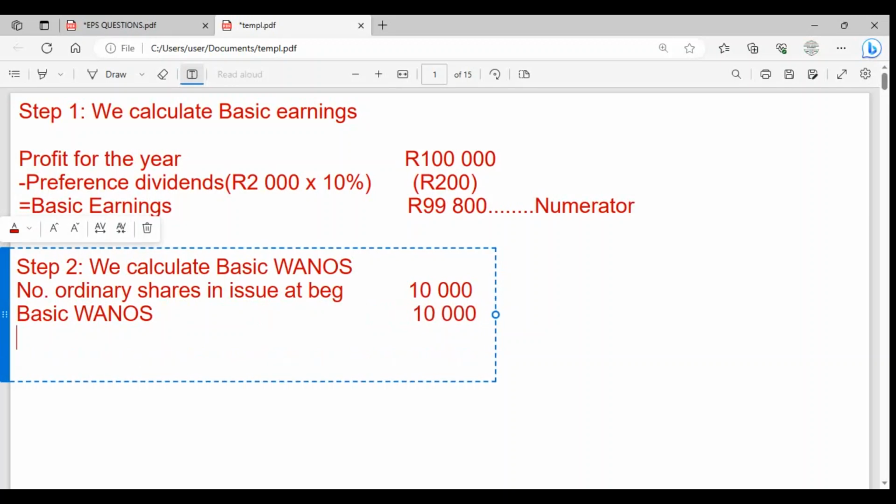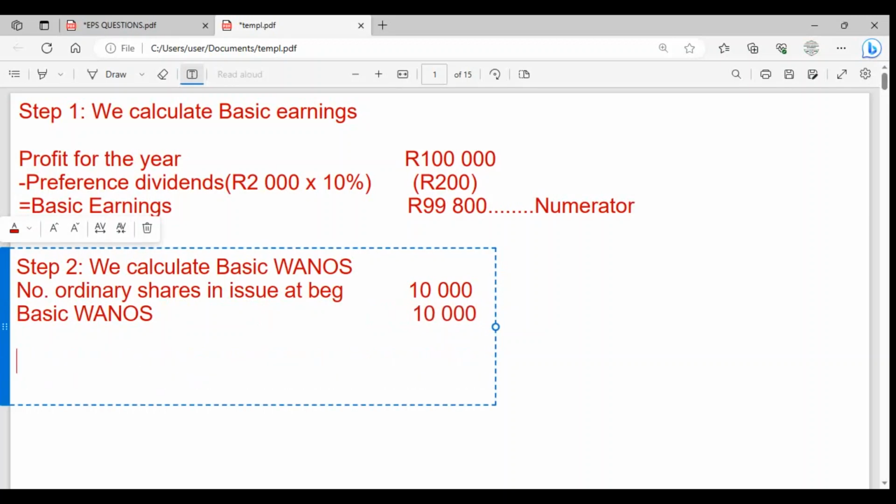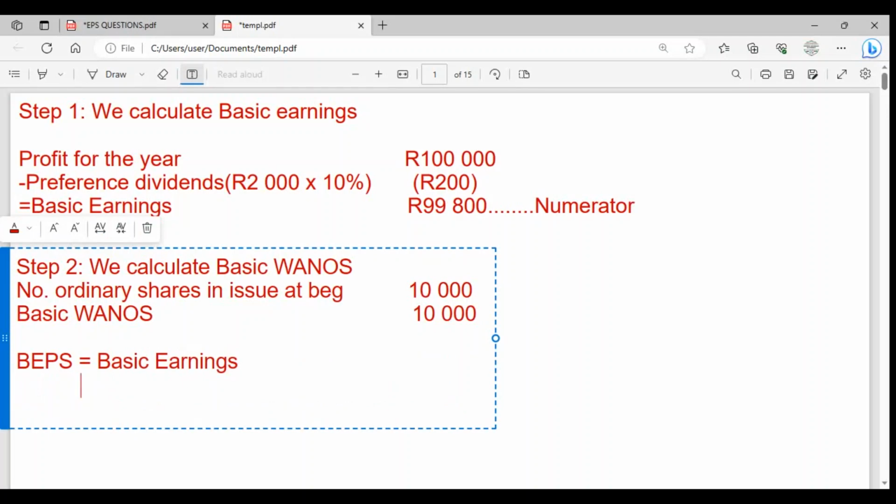And then now we can calculate BEPS, basic earnings per share. So guys, the formula to calculate basic earnings per share: you take the answer from step 1, which is basic earnings, and you divide by the answer you got in step 2, which is the basic denominator.